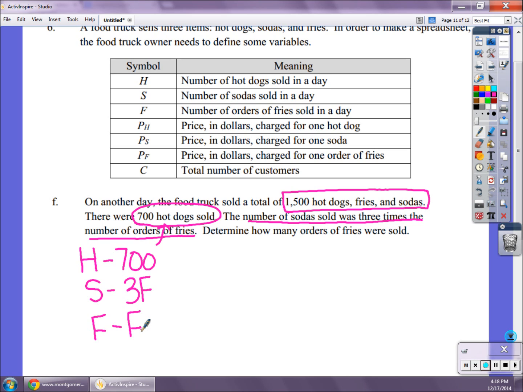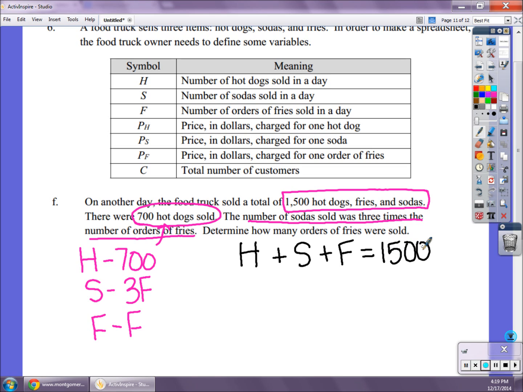The next thing I need to do is write an equation. So let's go back and read that again. We know that the food truck sold a total of 1,500 hot dogs, fries, and sodas. I'm going to write an equation for that. I know that total, meaning addition, the number of hot dogs, plus the number of sodas, plus the number of fries equals 1,500.